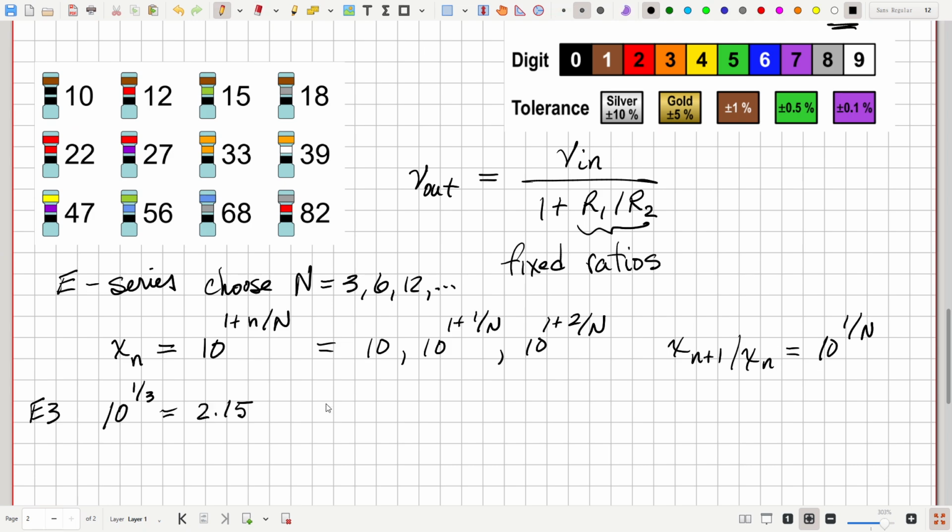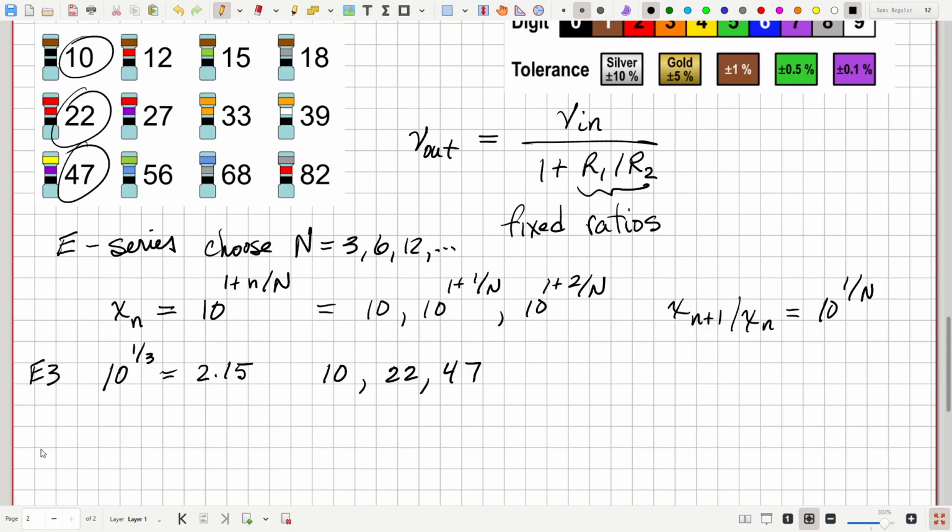Those three values would be 10, and then 10 times 2.15, which would be 21.5, which we round to 22, and then go up by another factor of 2.15, and round it to 47. So those would be the three values. And you notice here, there's 10, there's 22, and there's 47. So that would be where you would want to have three values per decade. So you'd have 10, 22, 47, 100, 220, 470, and so on.